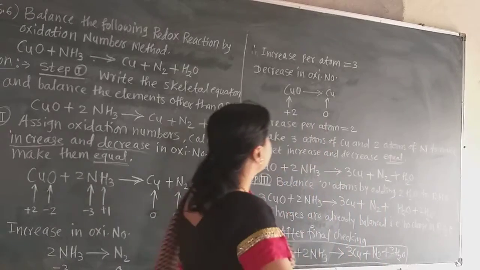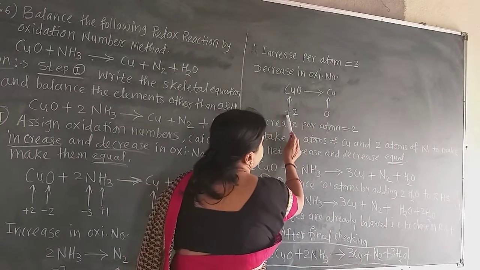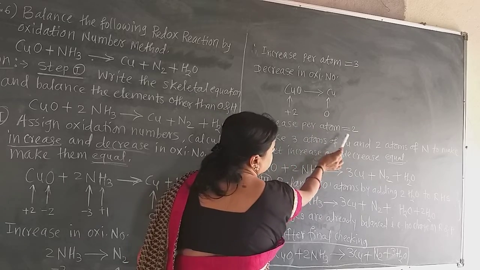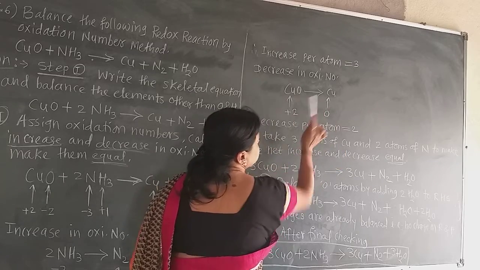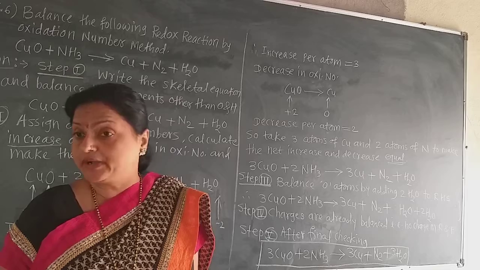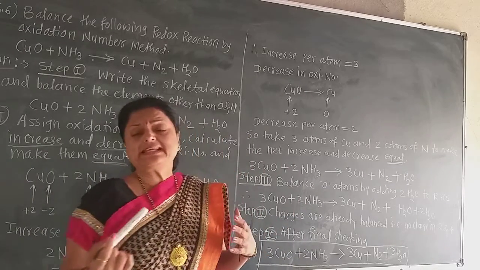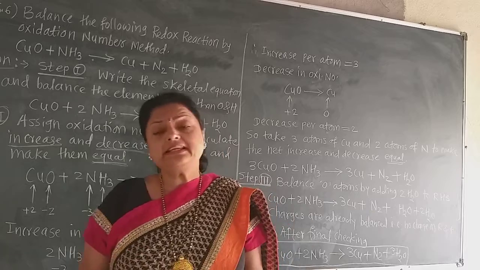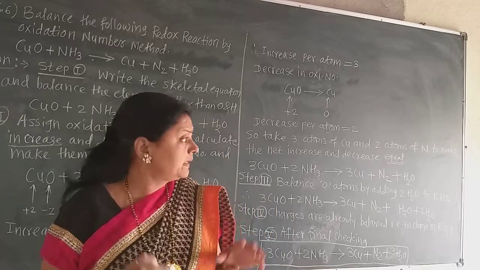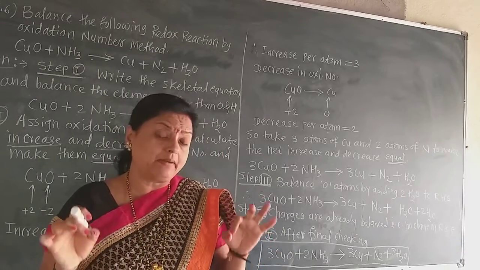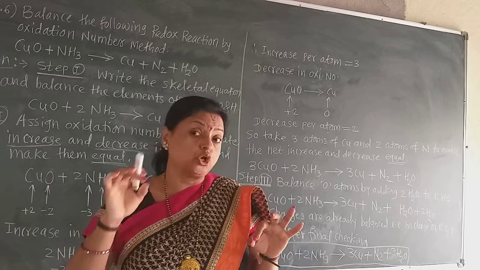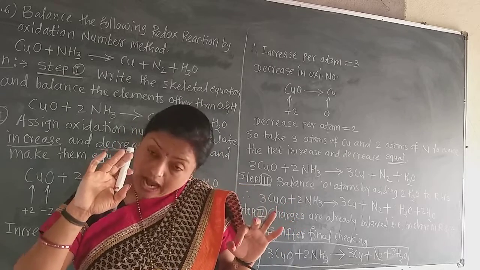Remember that. The decrease in oxidation number per atom is equal to 2, because both sides have a similar number of copper atoms, 1 and 1. Now if there are different increases and decreases in the oxidation number, then always multiply by the coefficient of the opposite element.